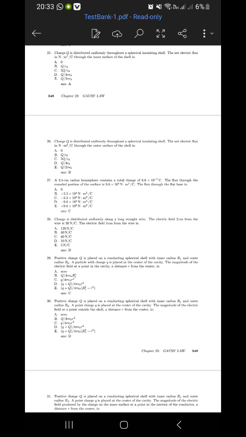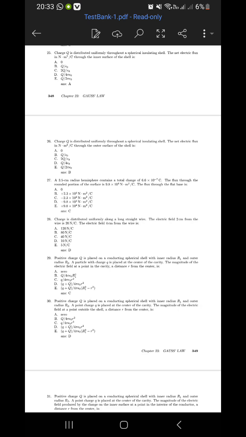A 3.5 centimeter radius hemisphere contains a total charge of 6.6 times 10 to the power of -7 coulombs. The flux through the rounded portion of the surface is 9.8 times 10 to the power of 4 newton meters squared per coulomb. The flux through the flat base is what? It is C, -2.3 times 10 to the power of 4 newton meters squared per coulomb.